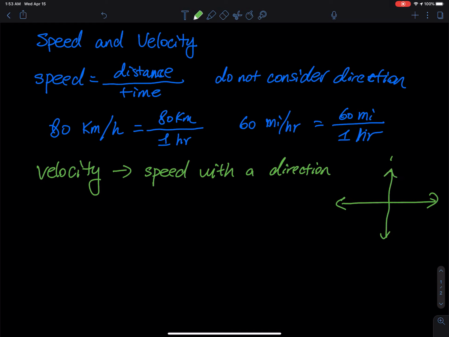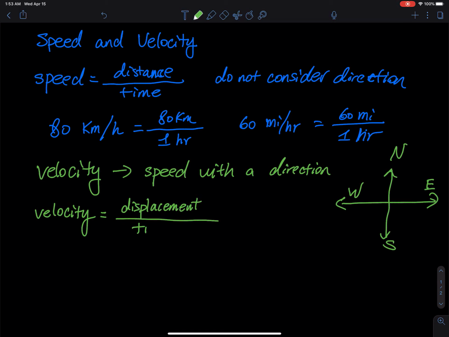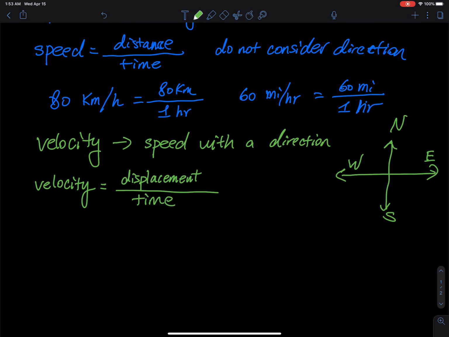So this is north, south, you have east and west. You have to specify the direction in velocity. What is the formula for velocity? The formula is equal to displacement divided by time. So what is displacement?